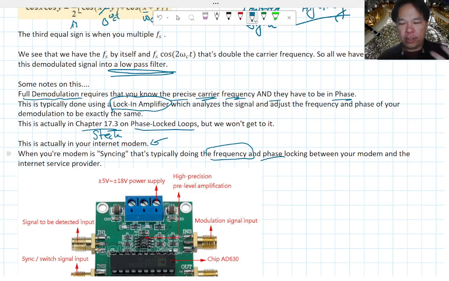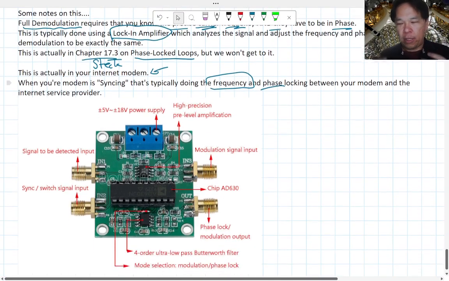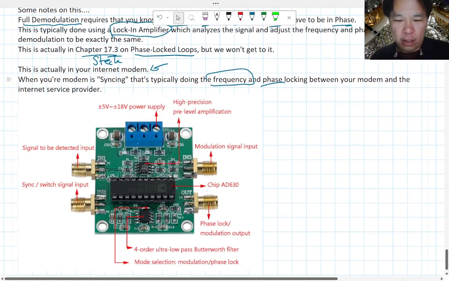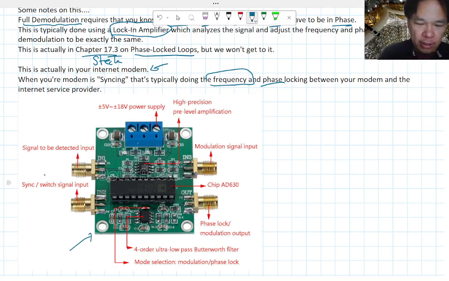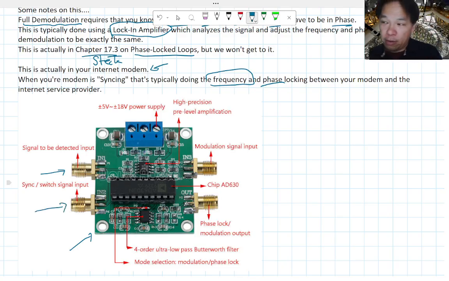So the carrier frequency has to be locked to each other in order for your modem to be able to transmit data thoroughly. And this is actually a little board that's maybe not this big in your modem, and this is the synchronization signal that comes in sometimes from your internet service provider.